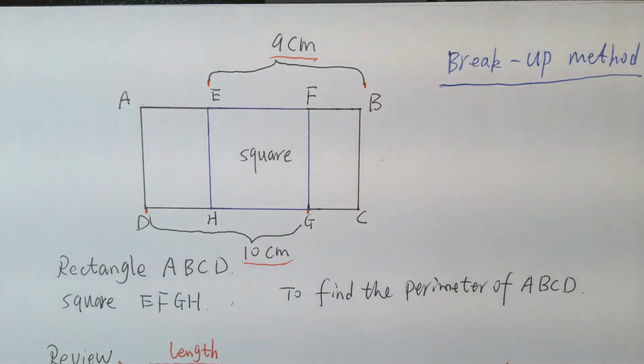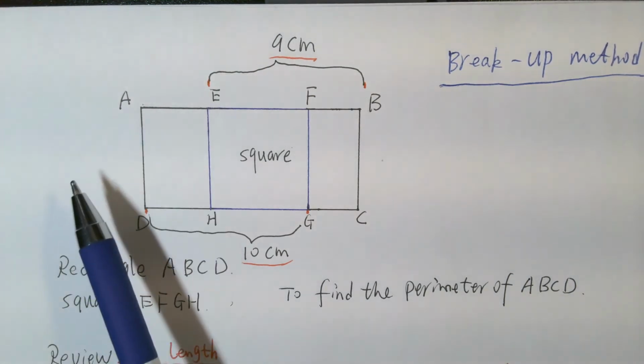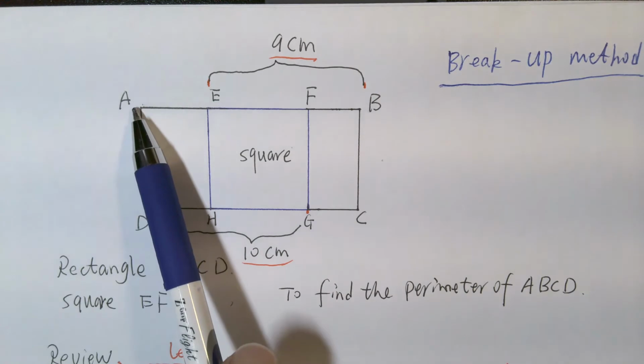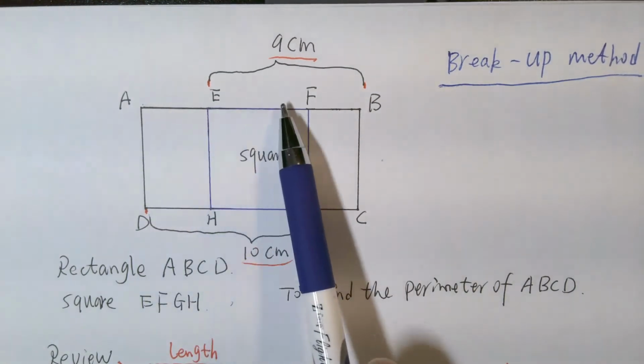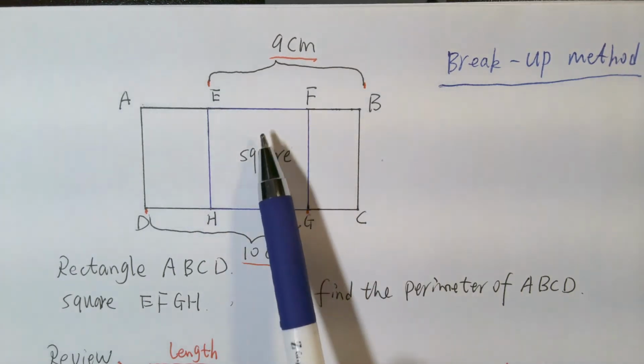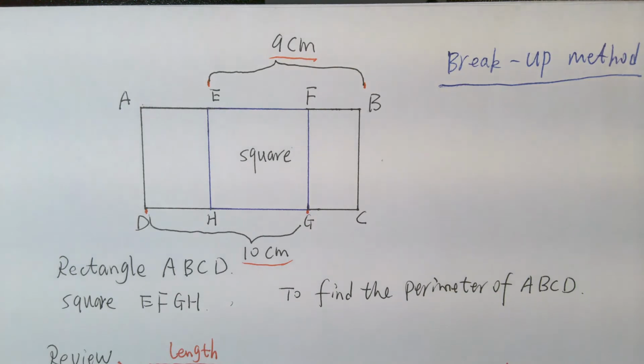As you can clearly see from this graph, the length of the rectangle from A to B equals the length of A to E plus E to F plus F to B. And E to F is the side length of this square. And that makes a connection, right?